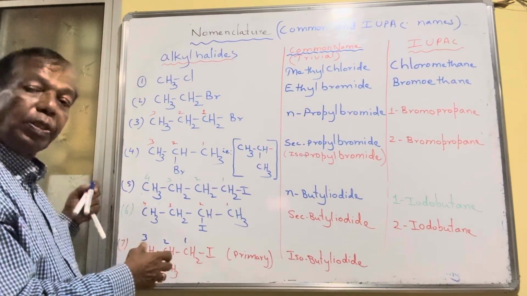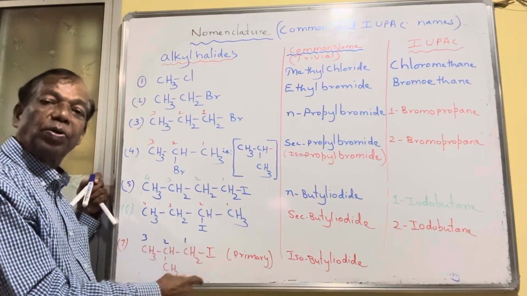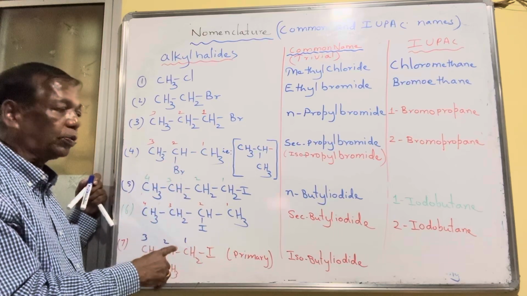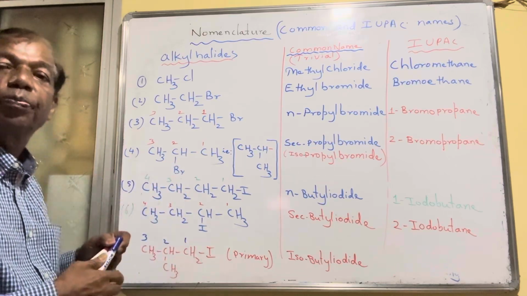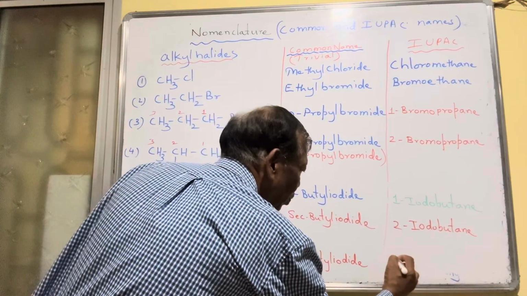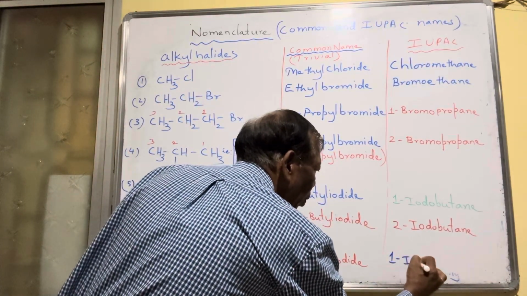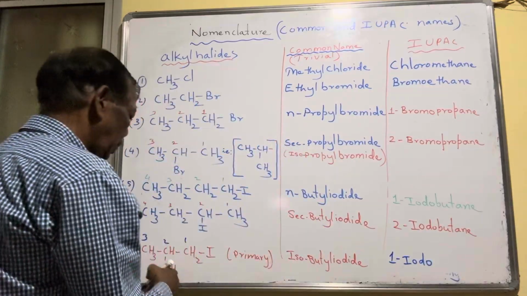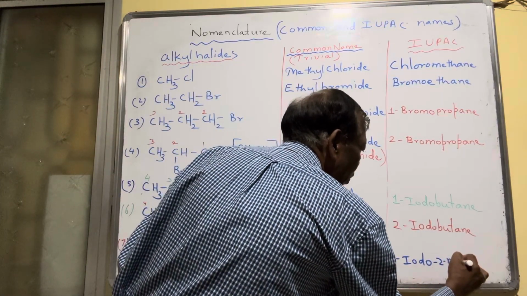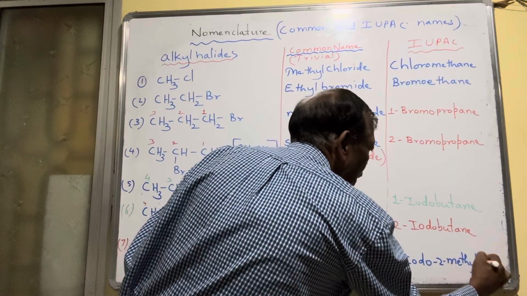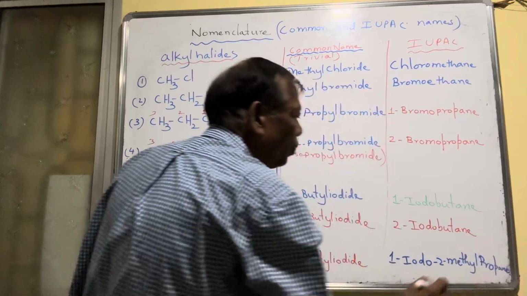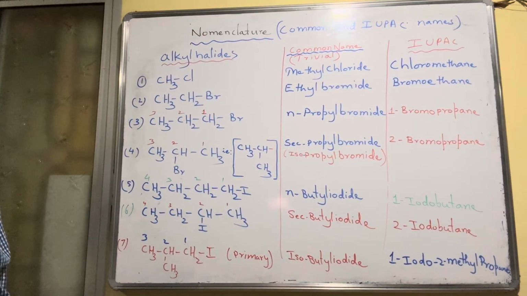But since you are getting only 3 carbons in the chain, although there are 4 carbons, your parent compound becomes propane. Therefore I can call this 1-iodo-2-methylpropane. You have to end up as propane and not butane.